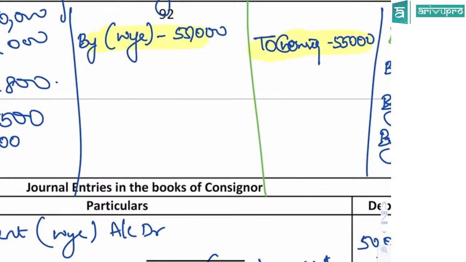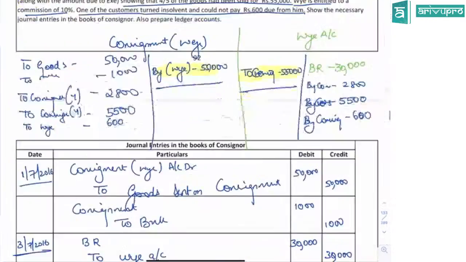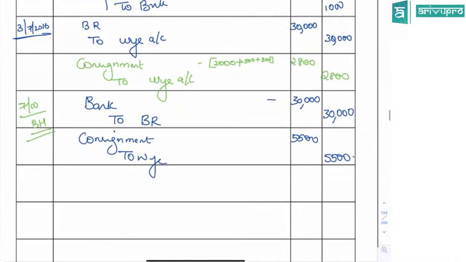Mr. Chirag, I have passed here, no Chirag, for the sales. Oh, sorry, I missed out.